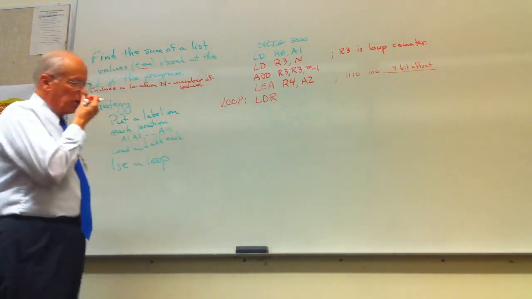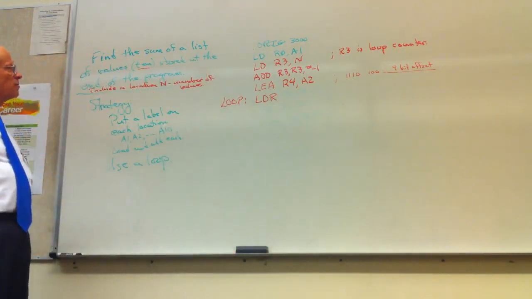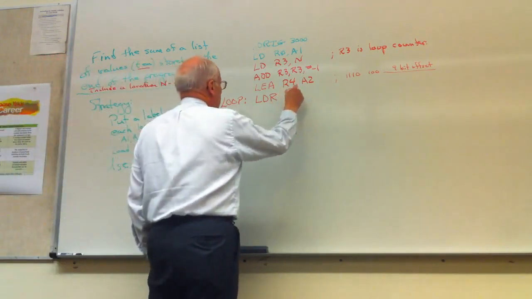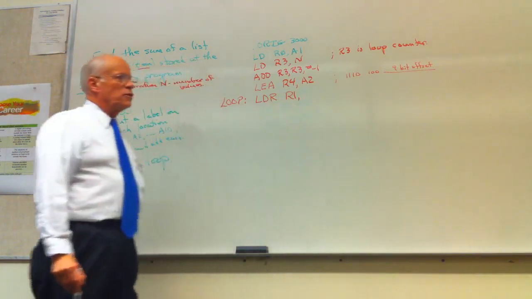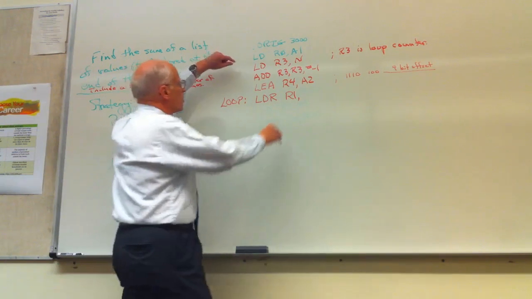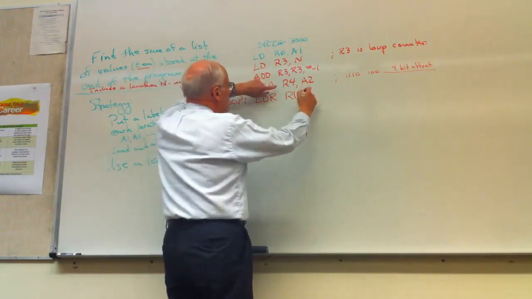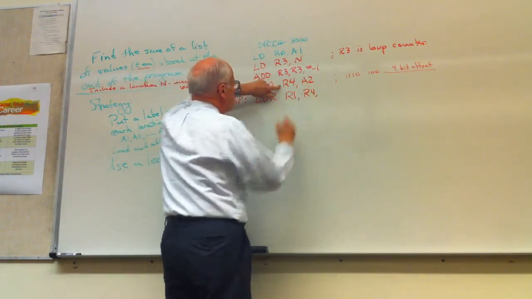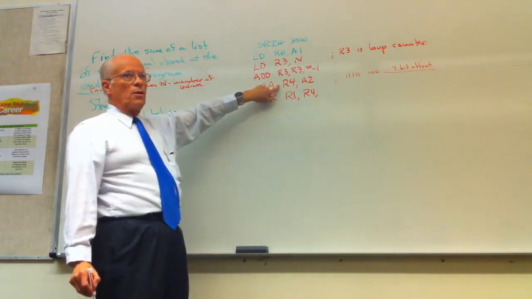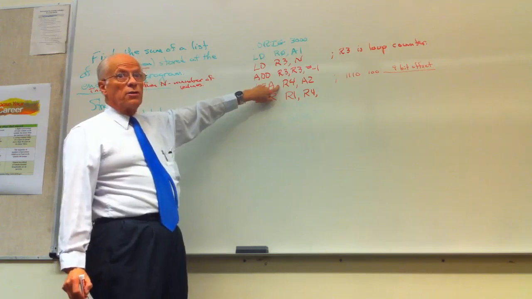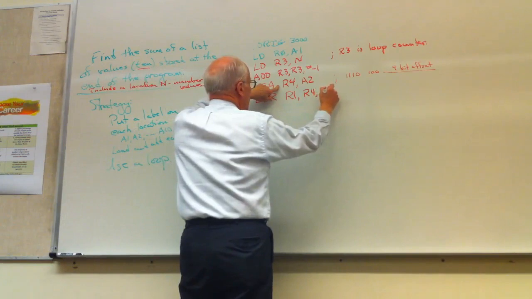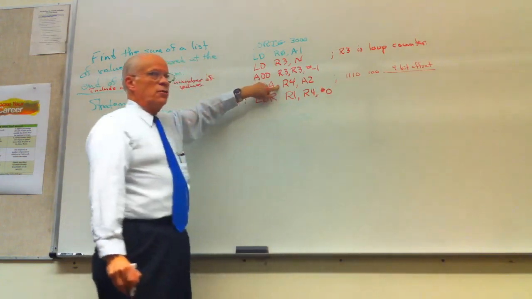We use the instruction LDR, load relative. We're going to load register 1, and the thing looks like this. It says, I will use the contents of register 4 as a base address, and then I will add a 0.